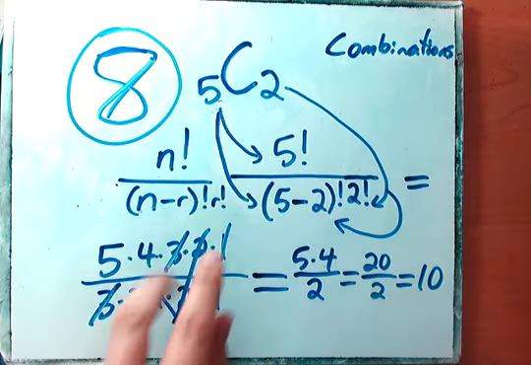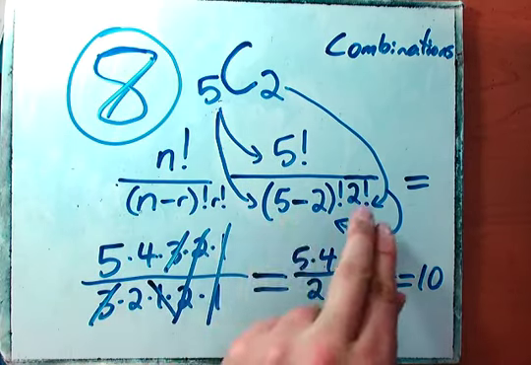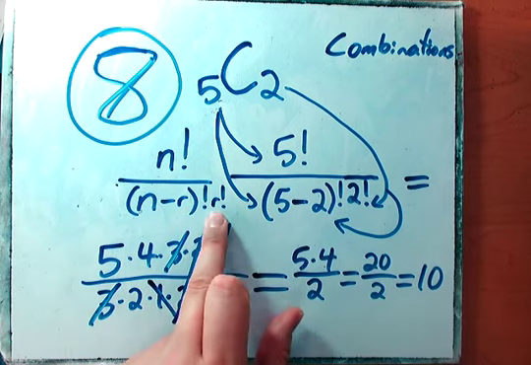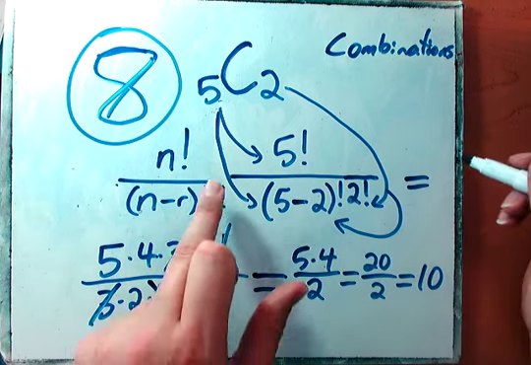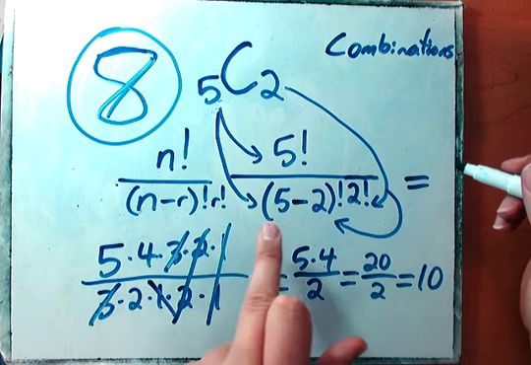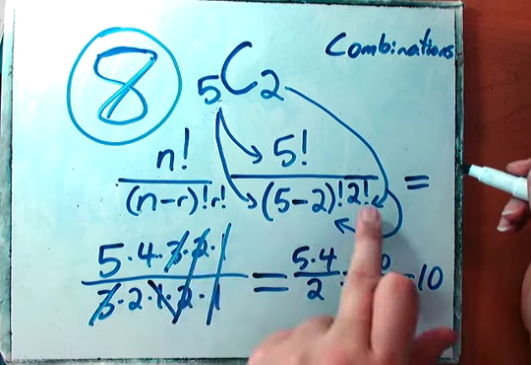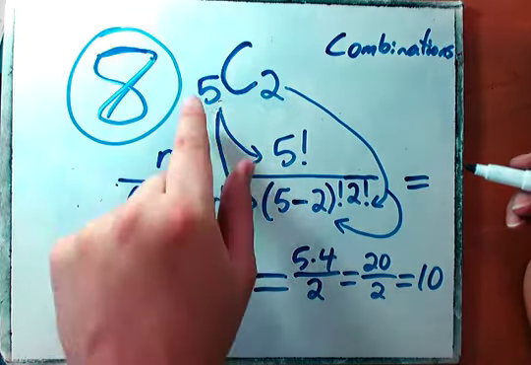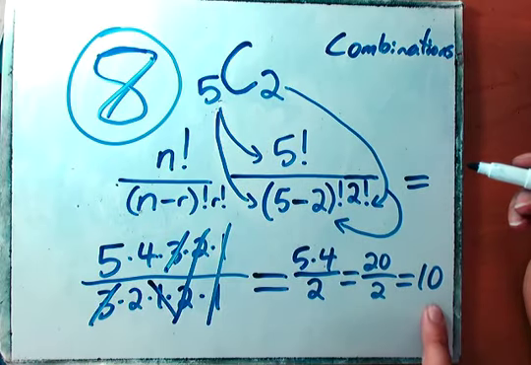5C2 had a little bit more going on with this R, or the second number exclamation mark. And so with that extra 2 that carried through, instead of 5P2, which was 20, 5C2 equals 10.